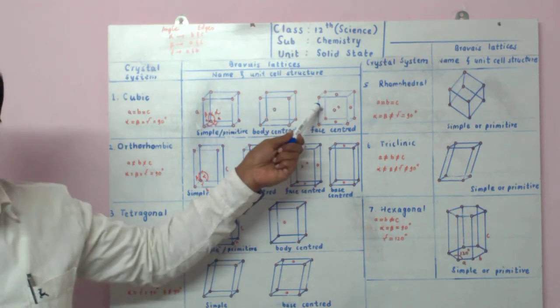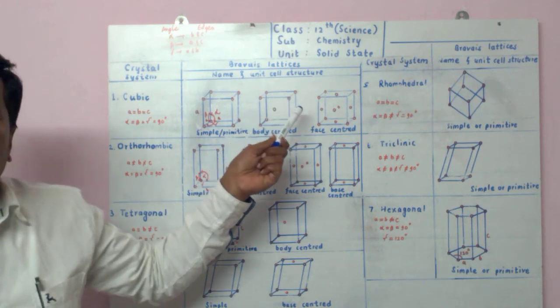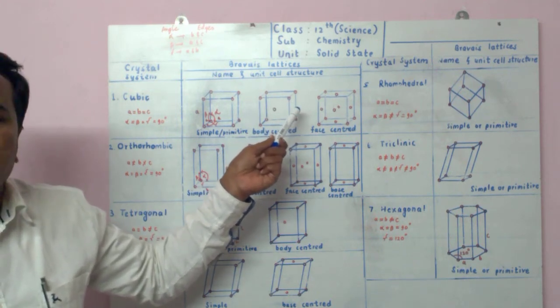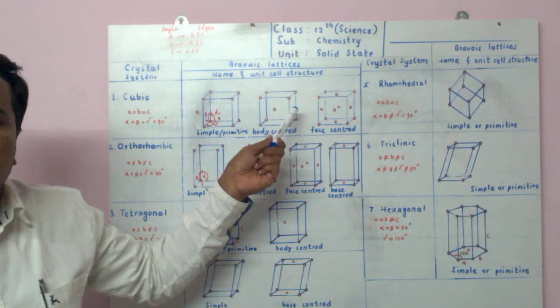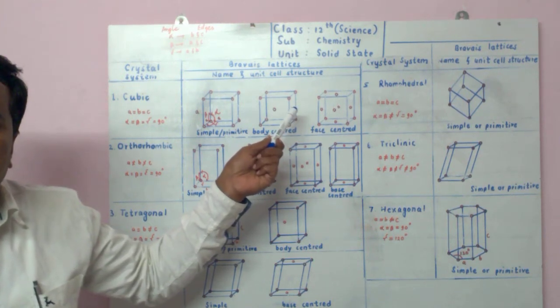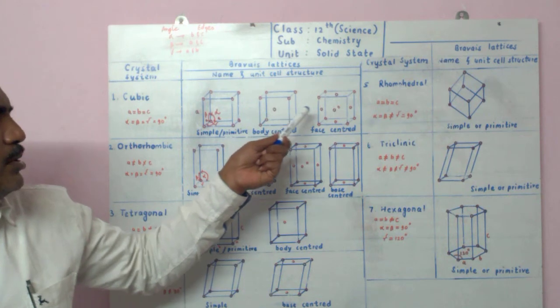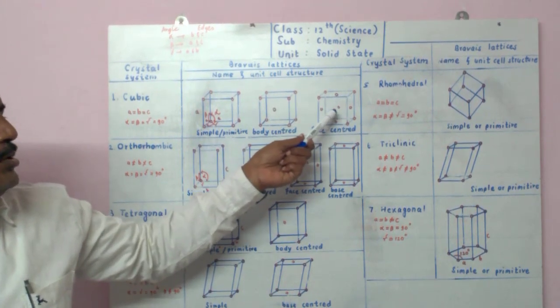And then face centered also has particles at the eight corners of the cell. It has 6 faces, with particles in addition to those at the eight corners of the cell.